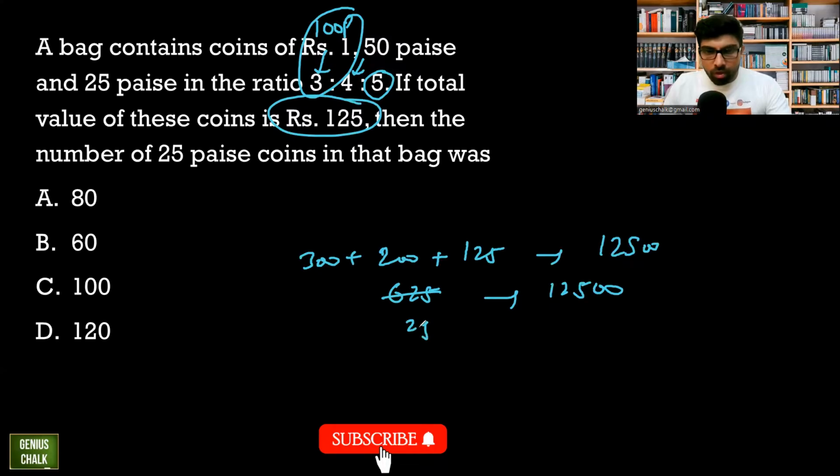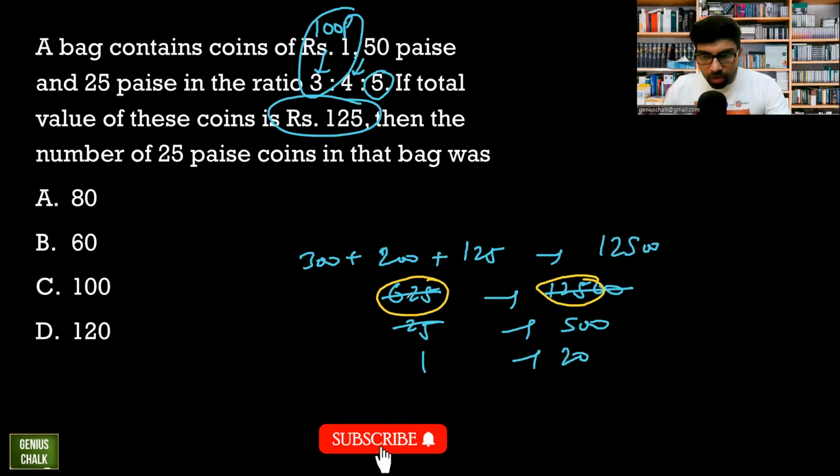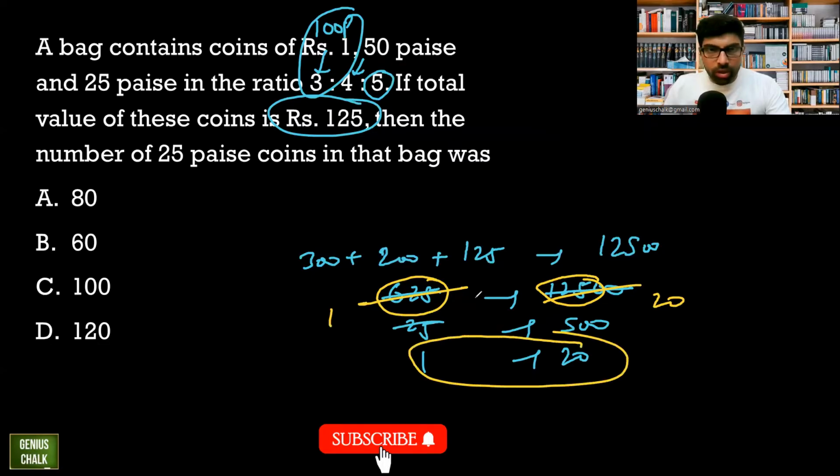So 1 is equal to 20. You can do it directly too if you know that 625 doubled is 1250. So 1 value is 20. What is asked is the 25 paise coin, that is 5. The 5 value will be equal to 100.